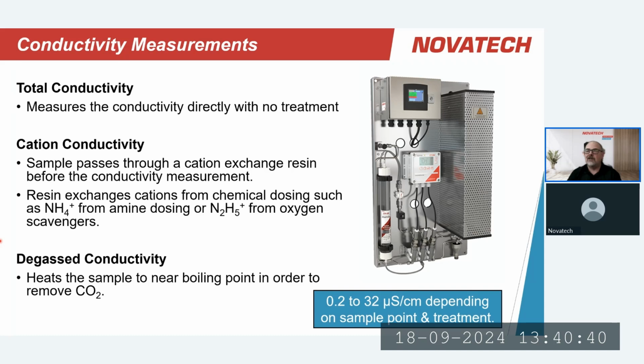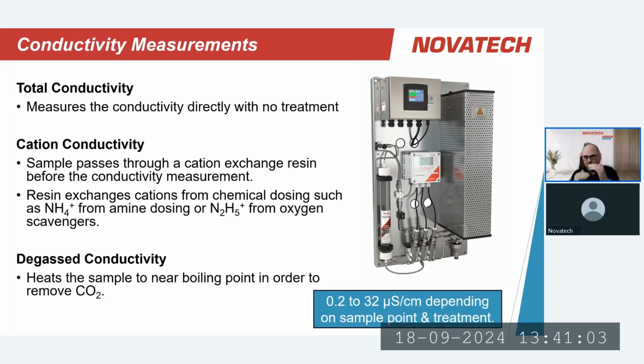Again, the degas conductivity really only comes into play when we're looking at things like peaking plants, where we want to be able to start up our process as quickly as possible. And the trigger to start generating electricity is: I've got to go through my polishers and my cleanup until I get below this value. Till I get below that conductivity value, I can't start.